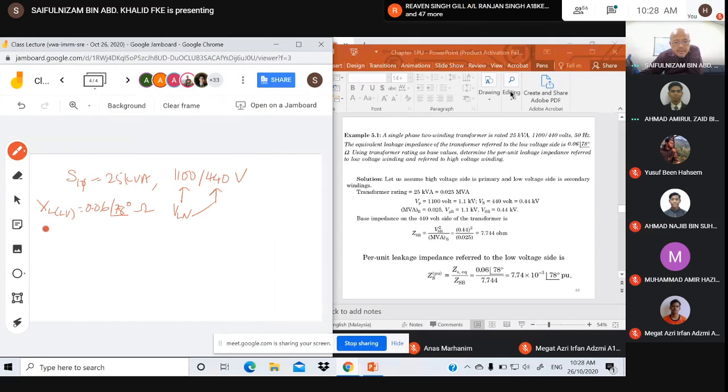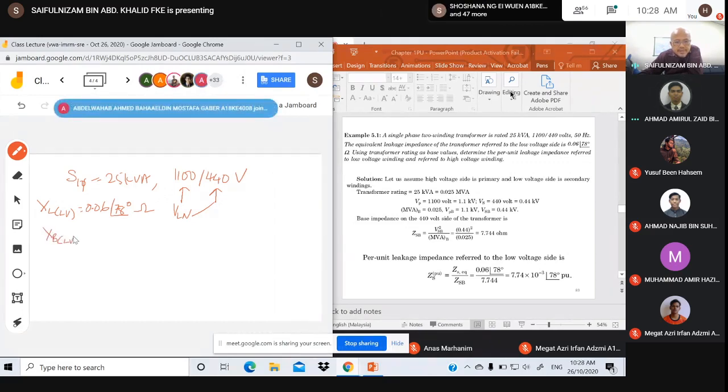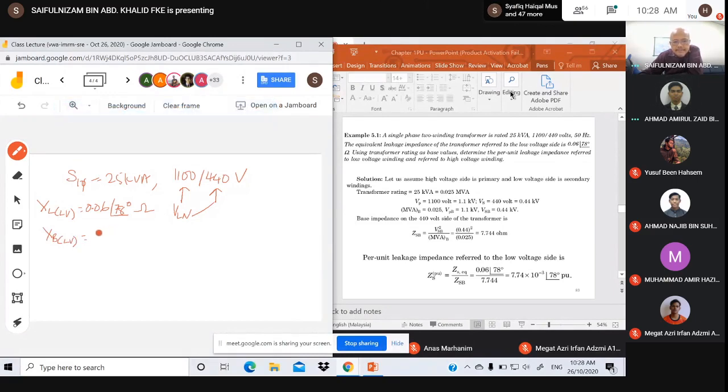So again, we have to find the X base, right? X base at the LV side. So what is the X base at the low voltage side? 440 squared over 25 kVA. So what do you get? All of you can access this Jamboard.